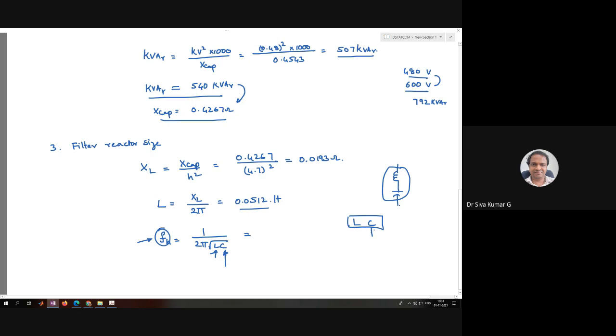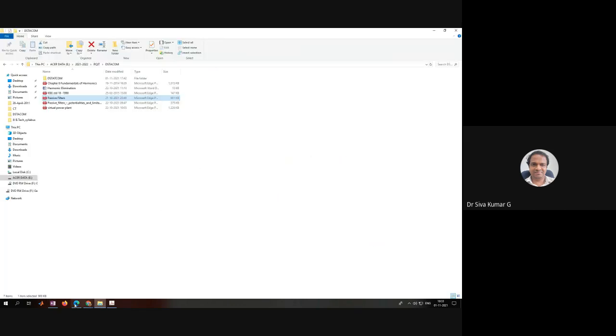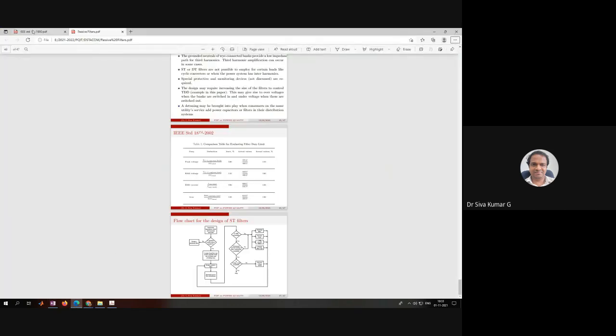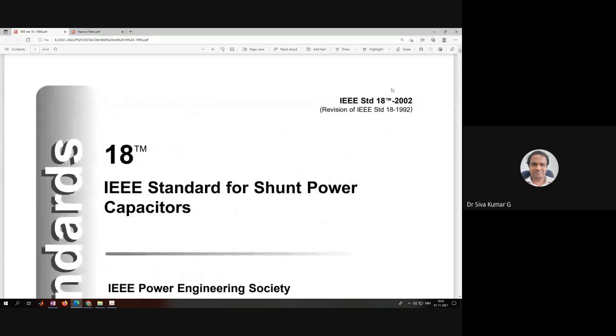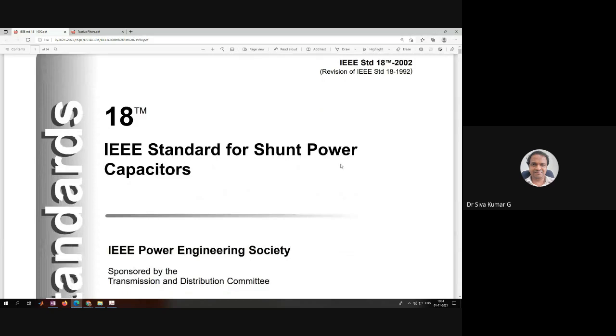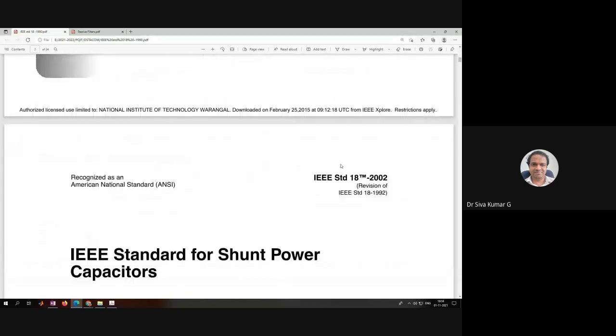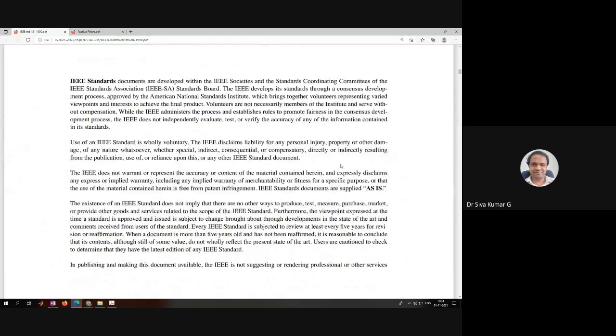But especially when you're talking about the capacitor bank, there are some standards which need to be verified, especially the standard for a shunt capacitor. The capacitor bank is connected over a delta, but it will be a shunt.